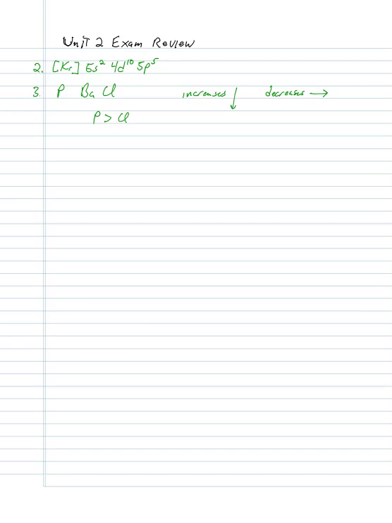Okay, and then we want to compare phosphorus and barium. I'll need to zoom out here to get all of those in there. And so we've got barium down here and phosphorus up here. Well, barium is much farther down than phosphorus is, so barium is going to be much bigger than phosphorus. And so we know that barium is bigger than phosphorus. Now, what was the problem asking for?